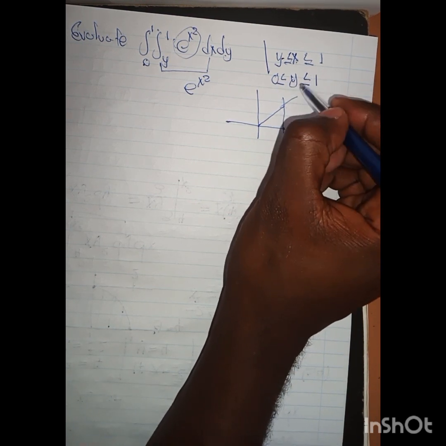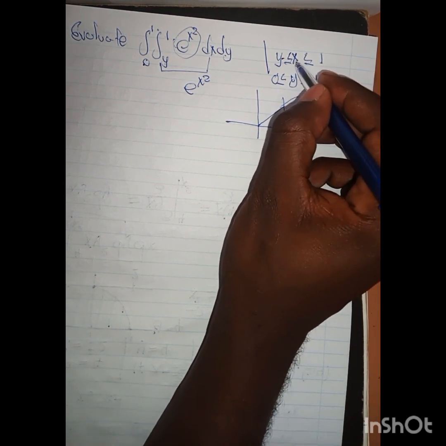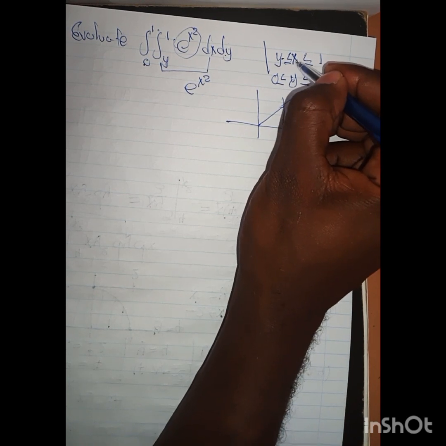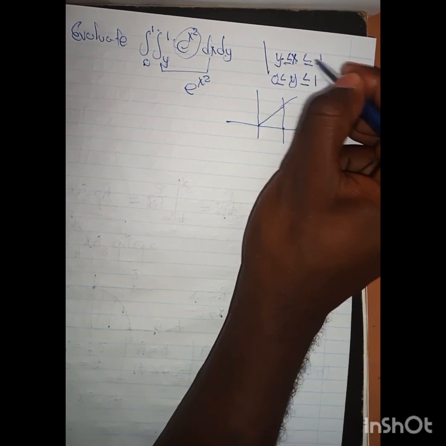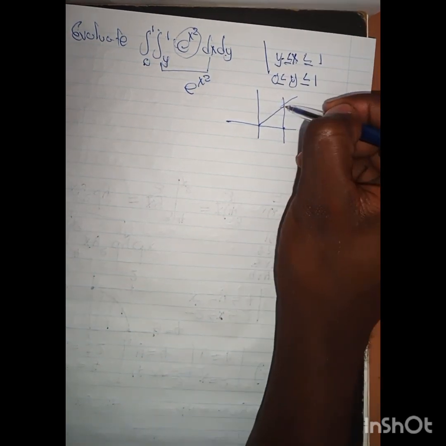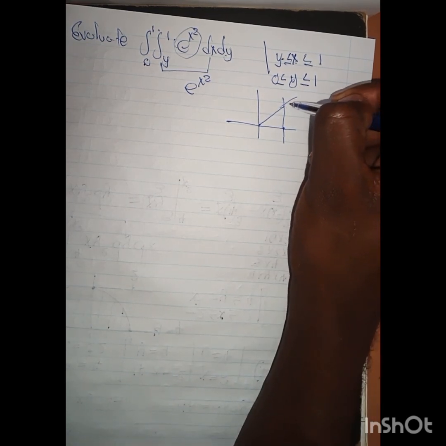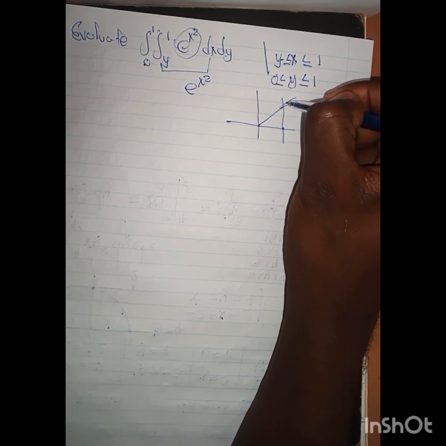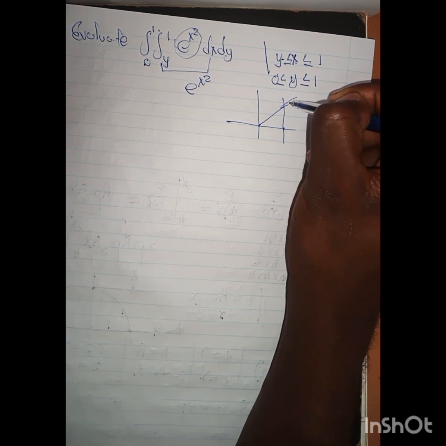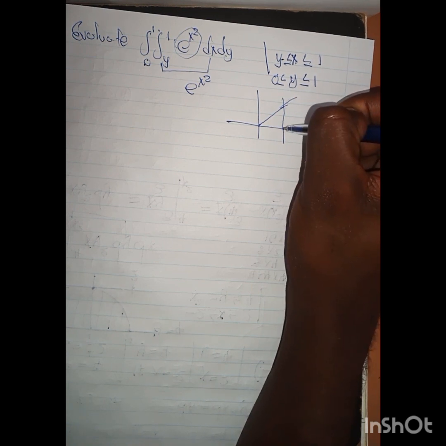Let us first analyze the limit of x. The limit of x starts from y to 1. So this is what we have here. Remember, this is the line y equals to x. So it follows that x starts from this line y up to this point 1.